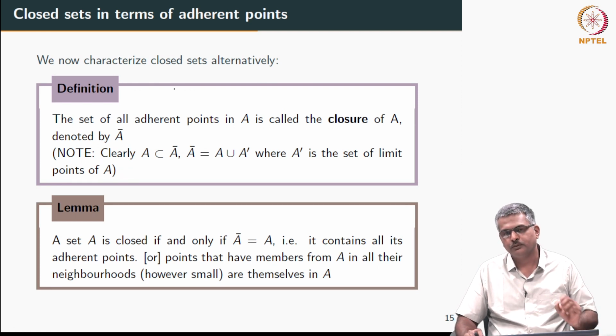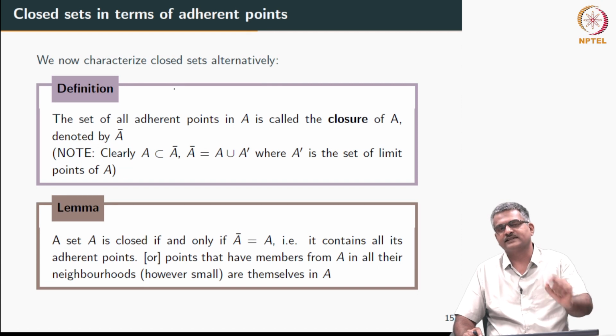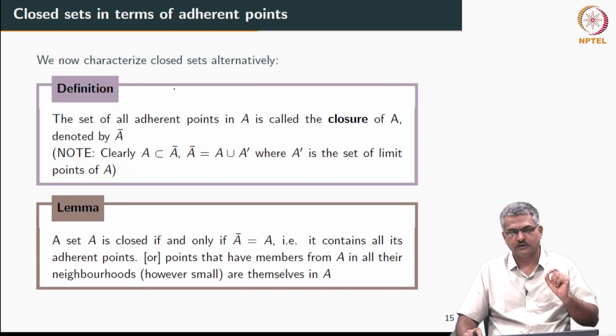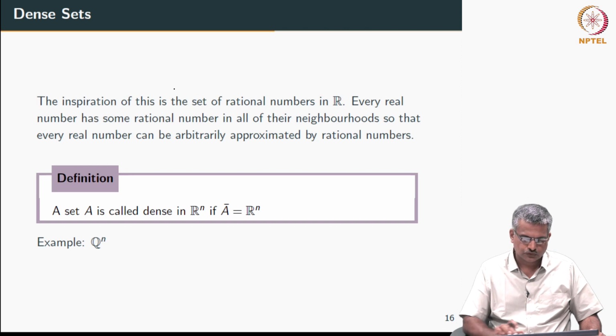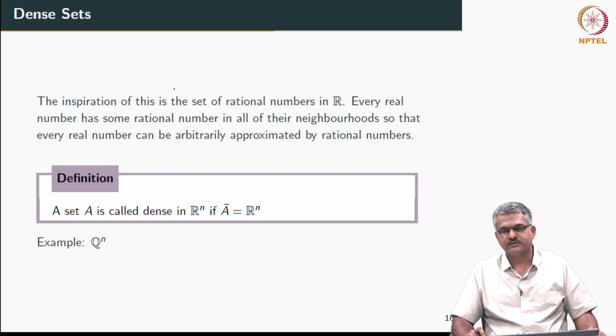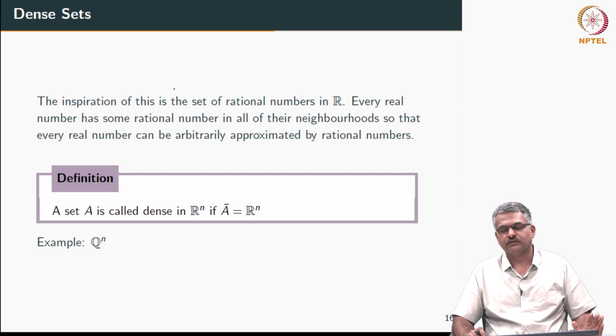That means, you give me any real number and any neighborhood however arbitrarily small, you can always find a rational number sitting inside that ball, or in this case the open interval. So, let us see the definition. A set A is called dense in Rn if A closure is the whole of Rn. As I said, the well known example is the set of rationals.